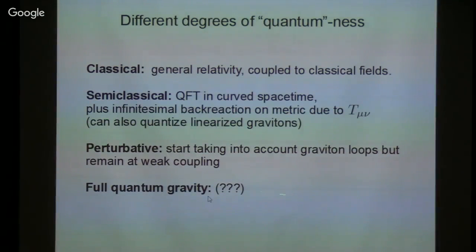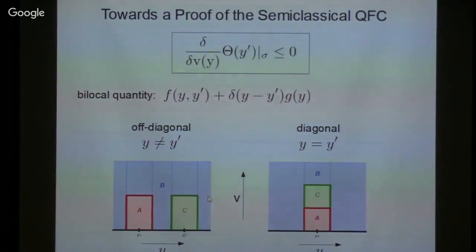And then you can start thinking about Feynman diagrams of gravitons and so on. So any statements I say about full-blown quantum gravity would necessarily be speculative. But what I can say is that as you begin to take into account quantum effects perturbatively, these focusing results seem to generalize in the way that I said.